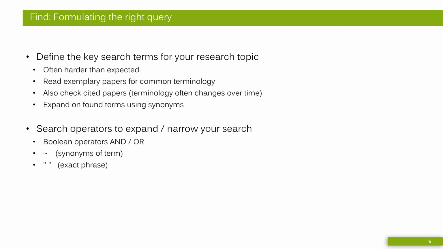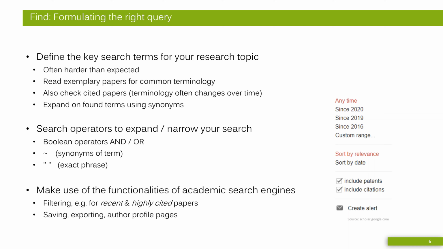If you are looking for very exact matches, for example, phrases of several search terms, you should enclose them into quotation marks, because this tells the search engine that you're looking for a phrase that consists of these 2, 3, or 4 search terms, and you don't want to start an or search for these terms, but you want to find exactly this phrase. Very useful, and all the search engines that we showed you offer this functionality.